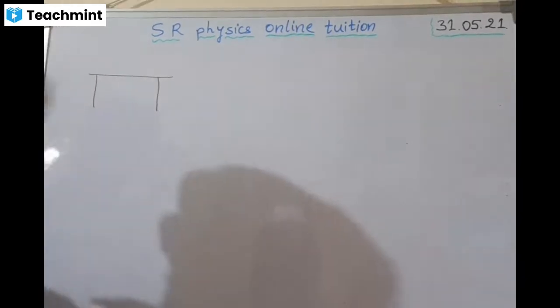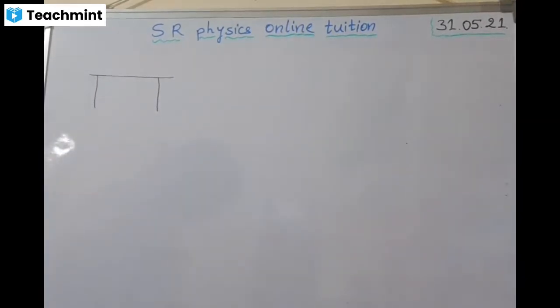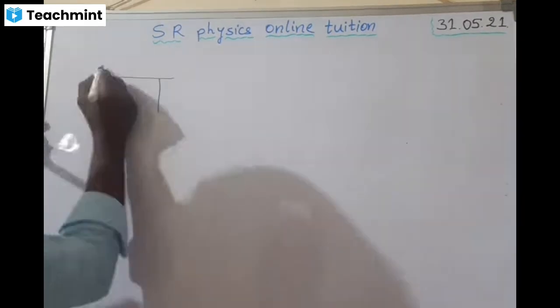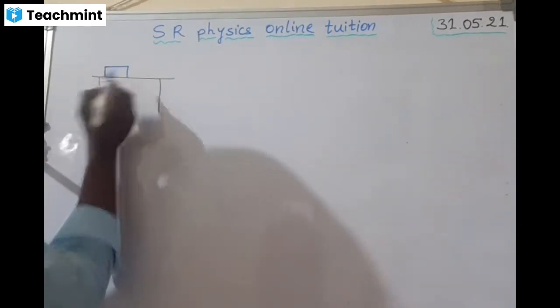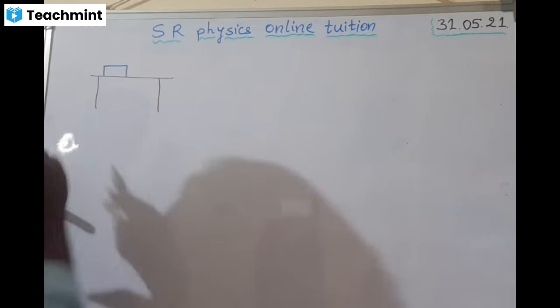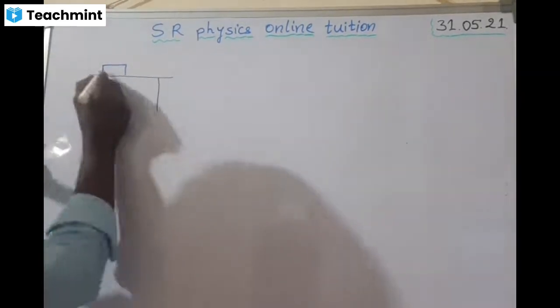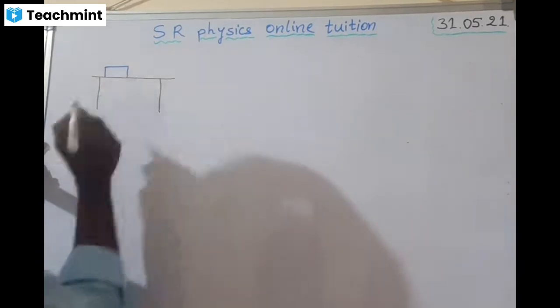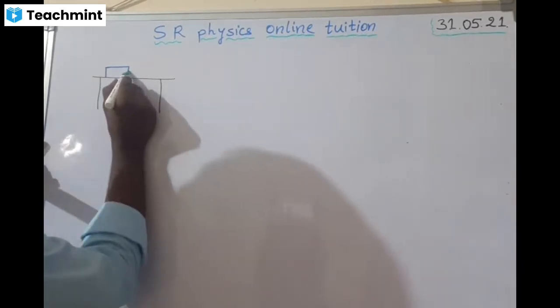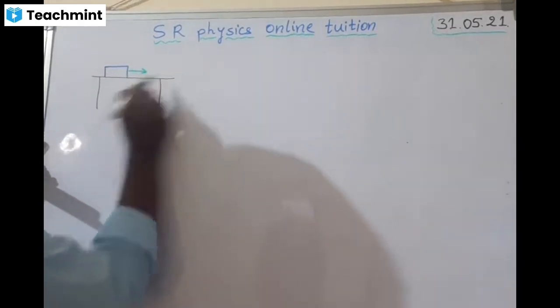On this table, if I place a book or a block, and a person is going to change its position from here to this point, he has to move it in this particular direction.